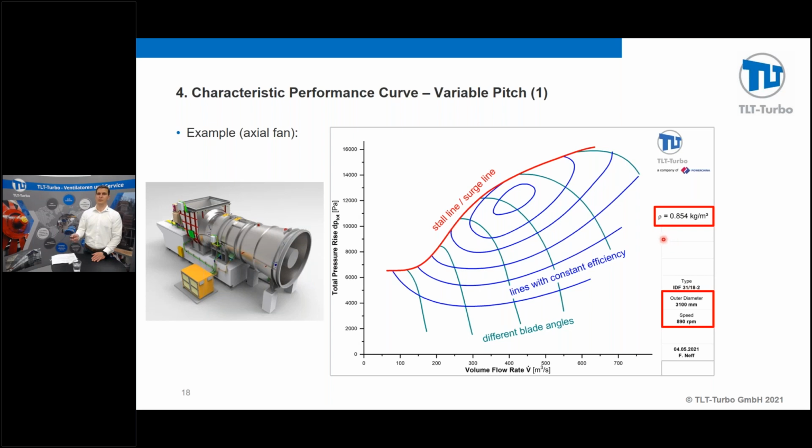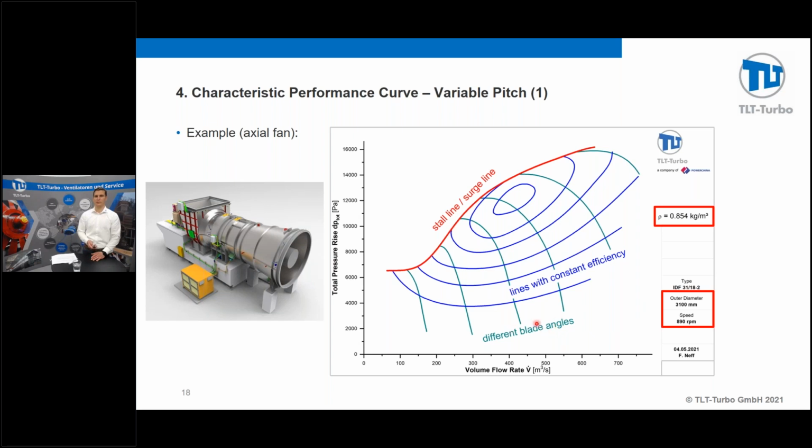The value doesn't matter, but in this case it was a density of 0.85 something. And it's of course only valid for a certain fan size, meaning outer diameter, and also constant speed in this case.